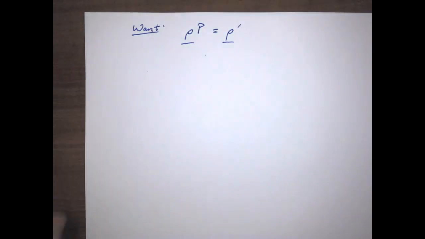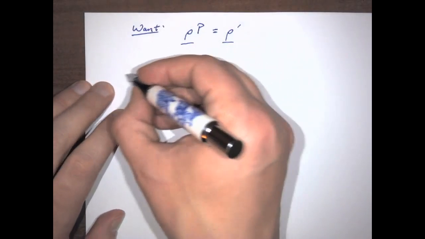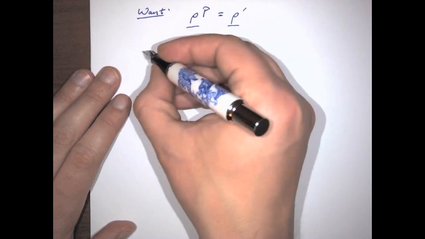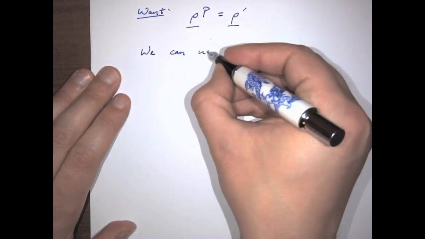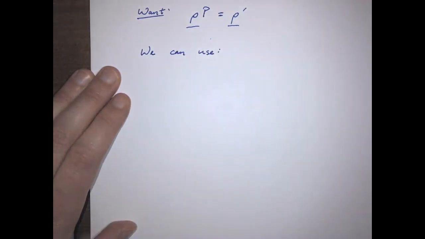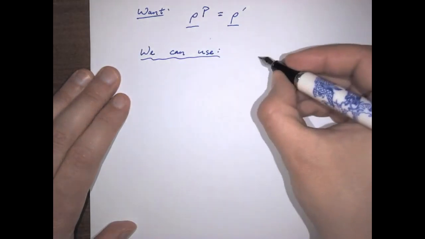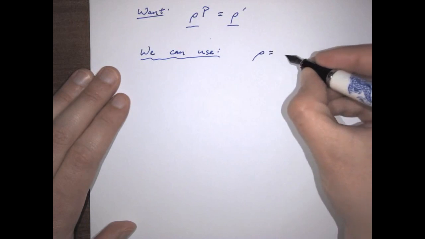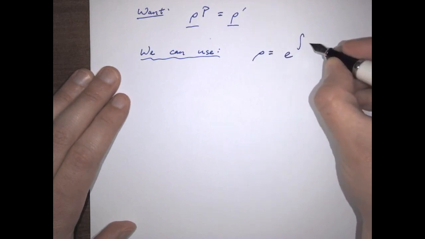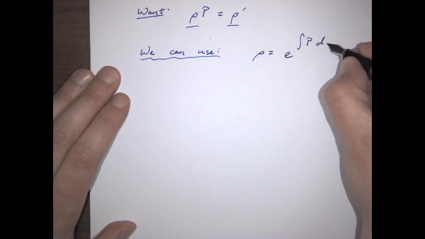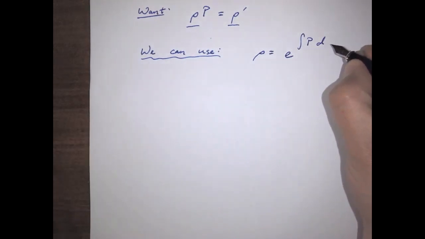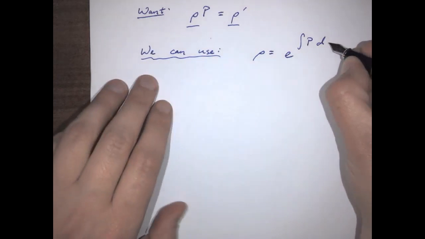And the way to make this happen is as follows. We can use rho, which is equal to e to the power of the integral of p dx.